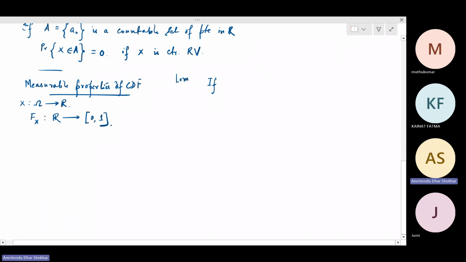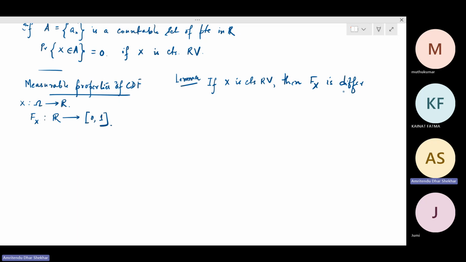Lemma: if x is a continuous random variable, then F sub x is smooth. The graph of F sub x is smooth, and F sub x is differentiable.